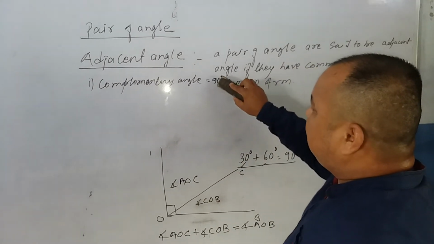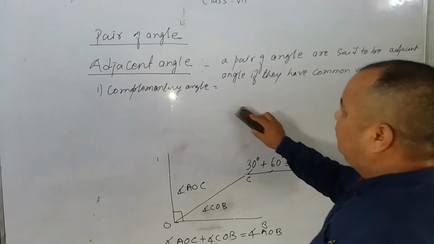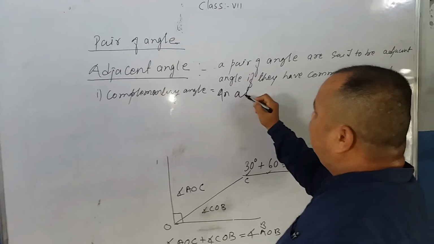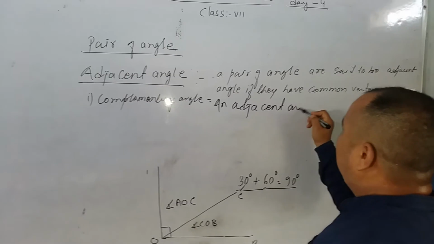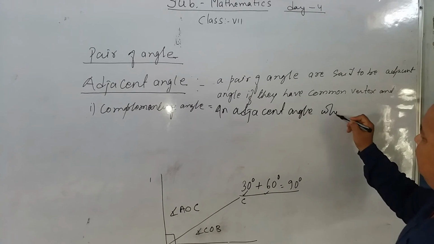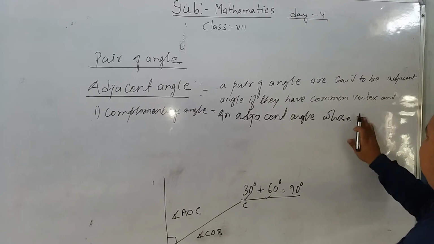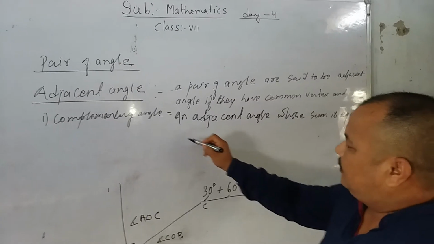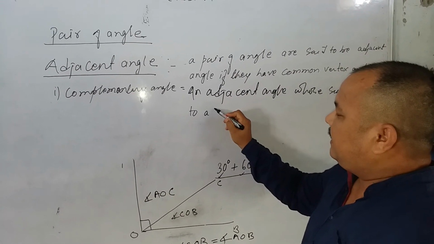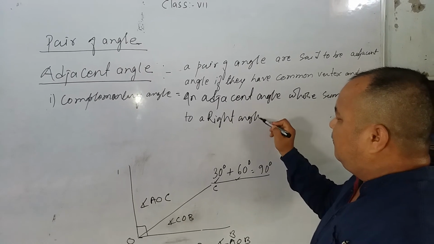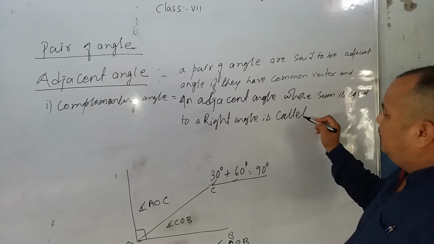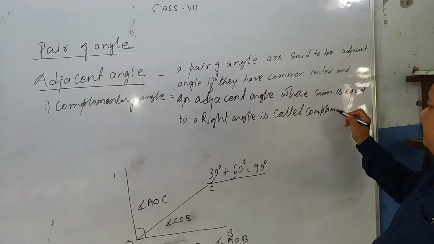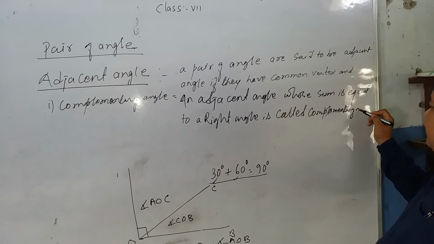So note down the definition of complementary: an adjacent angle whose sum is equal to a right angle is called complementary angles.